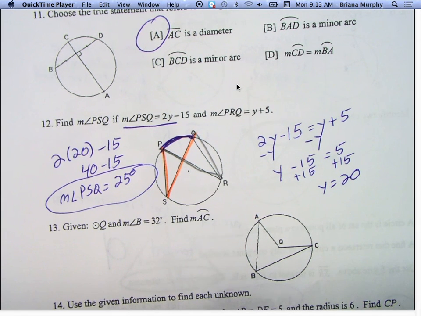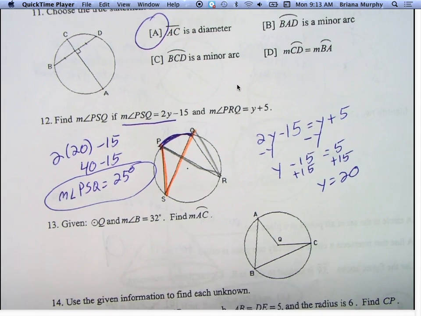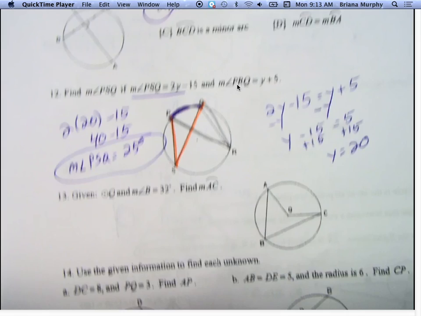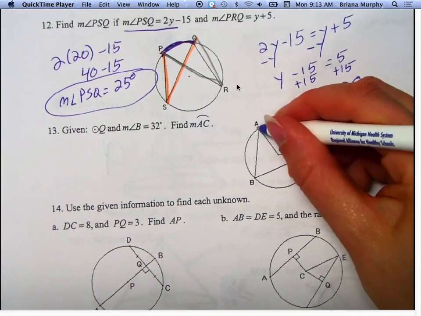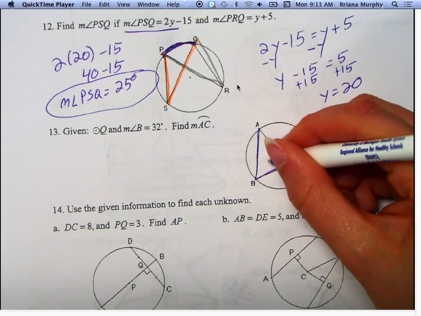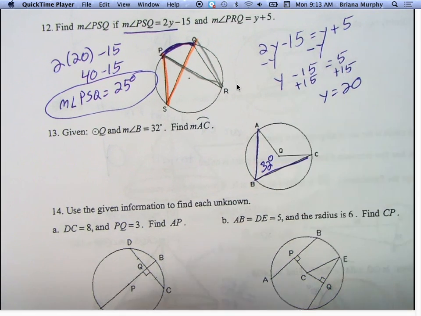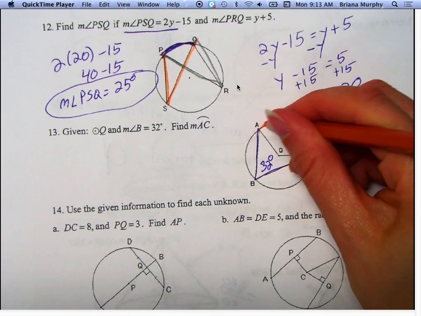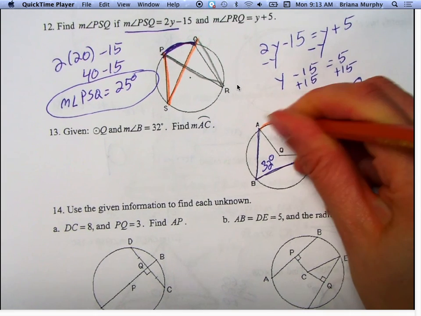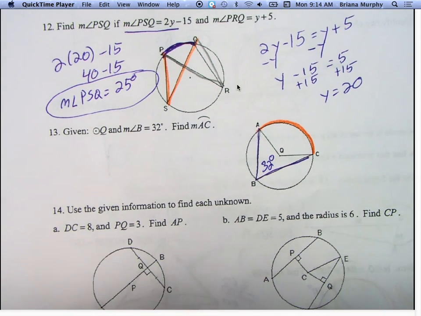Okay. 13. We know angle B, so it's this angle right here, is 32 degrees. We are looking for arc AC. Okay? If angle ABC is 32 degrees, what is arc AC?